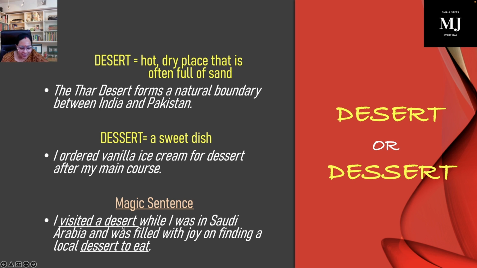So I visited a desert when I was in Saudi Arabia, and I found a local dessert, a local sweet dish, and when I had it, oh my god, I was filled with joy. Getting my point? So I visited a desert when I was in Saudi Arabia and was filled with joy on finding a local dessert to eat.